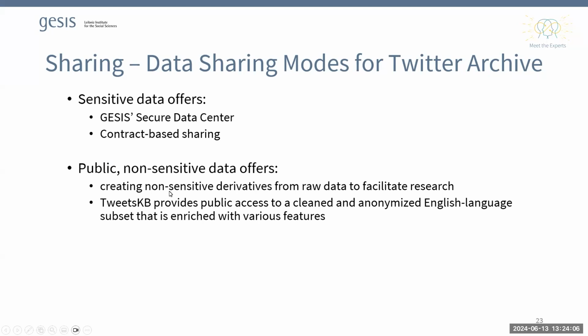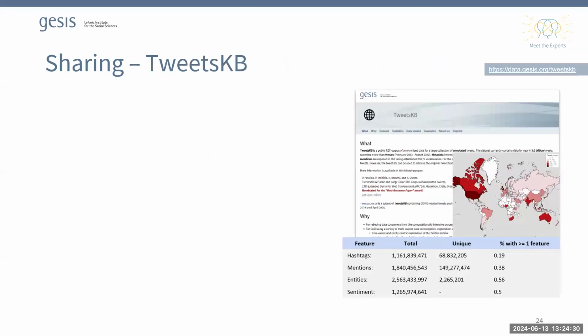So we create these non-sensitive derivatives, and one of them, the non-sensitive version of the Twitter archive, is TweetsKB, that provides public access to a cleaned and anonymized English language version of the Twitter archive that is enriched with different features. And TweetsKB is what I'm going to show you next.